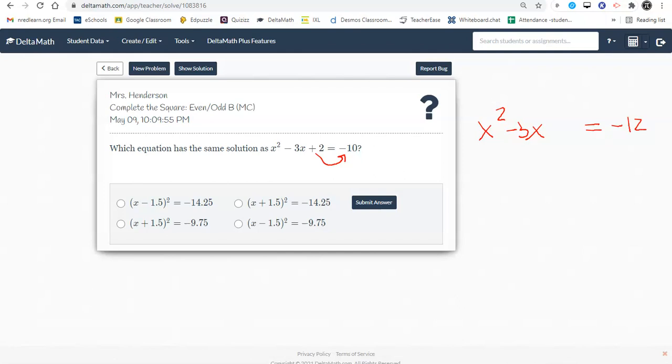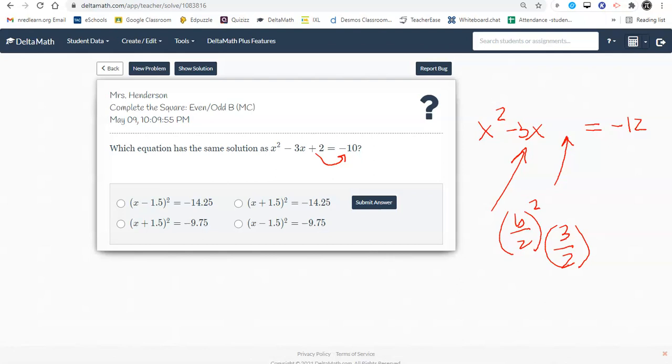And so for us, half of b, this is our b value, so half of b and then square it, is going to be the number in this position. I already know I have an odd value, so half of 3 is going to be 1.5, but don't forget that you have to square that.